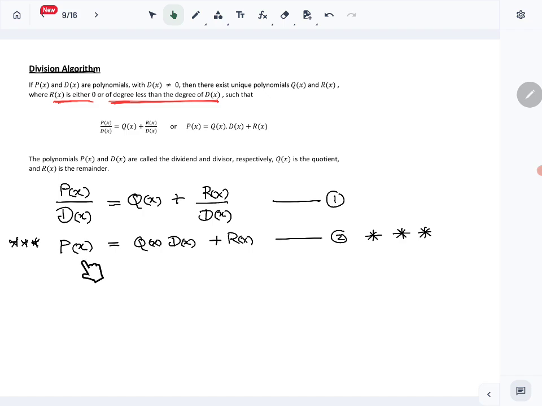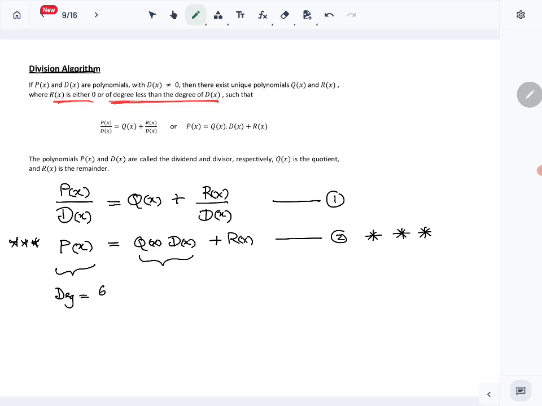So what is p(x)? Dividend. q(x) is the quotient. d(x) is the divisor. r(x) is what? r(x) is the remainder, right? So when it is in the second form, there are some properties of this second form we should know, right? So let's suppose p(x) has a degree 6.